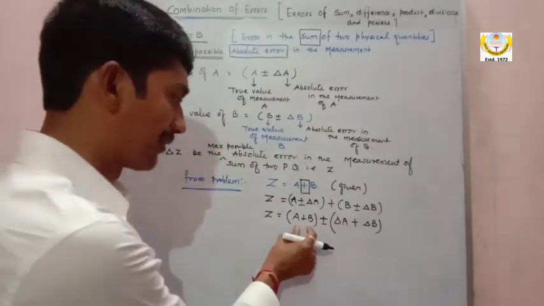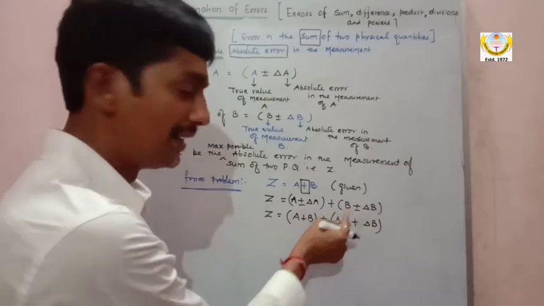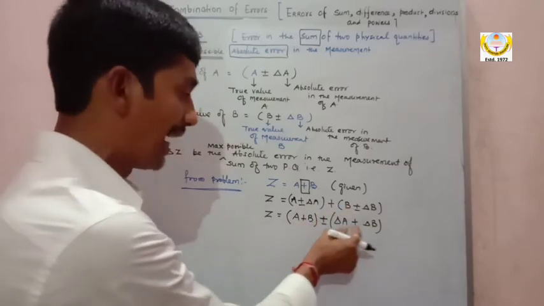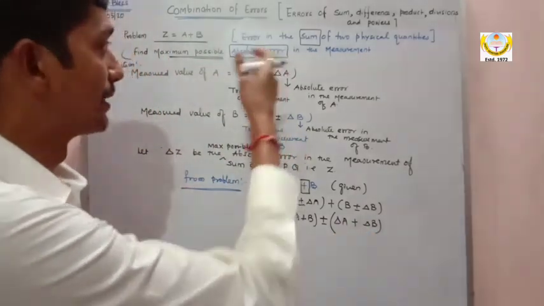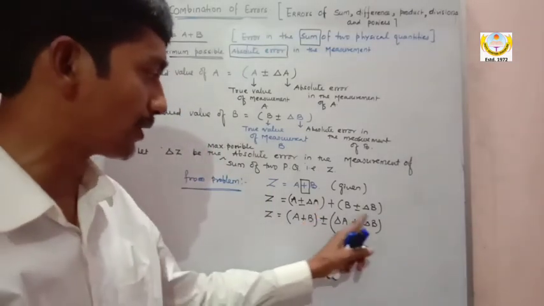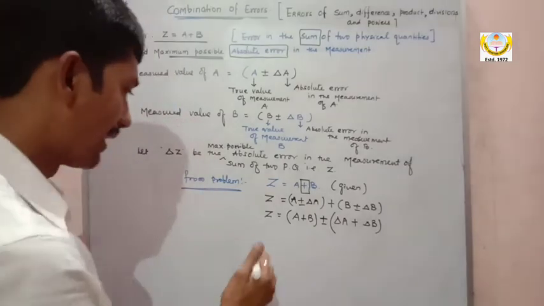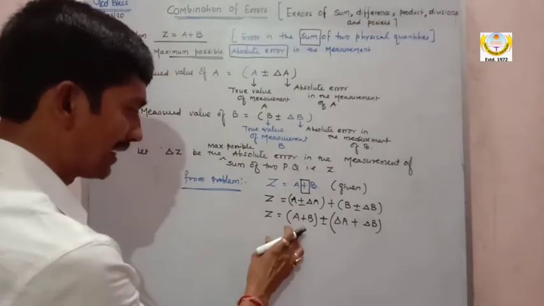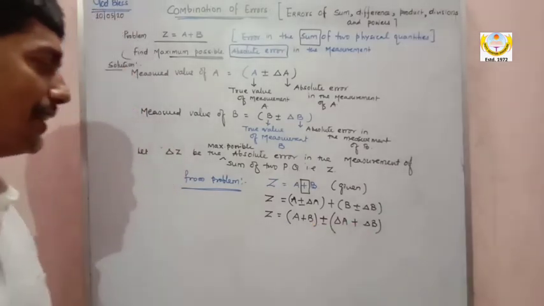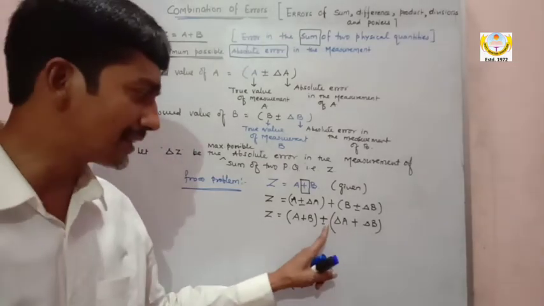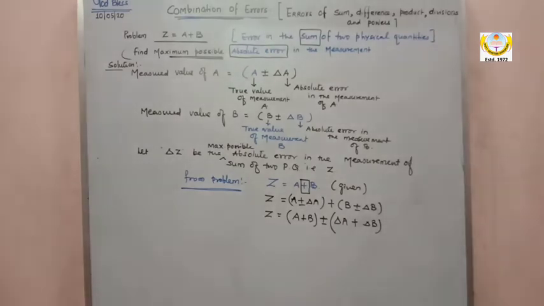Right? Because we had true values and we had error values. The true values were A and B. So I added them, I got A plus B, and the errors are delta A and delta B. According to the numerical, it is the error in the sum, so this error also gets added up, and the answer is delta A plus delta B. Now, my dear, you can see here, Z is equal to A plus B plus minus delta A plus delta B. Now the question is the maximum possible error, my dear.